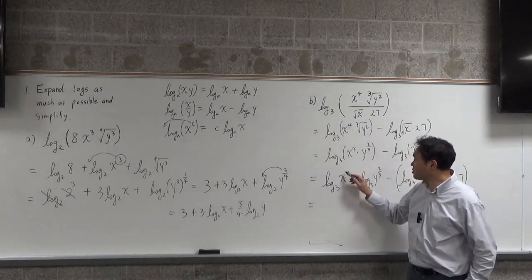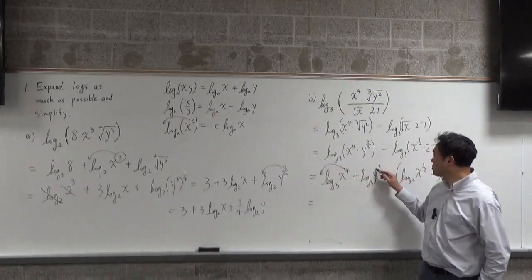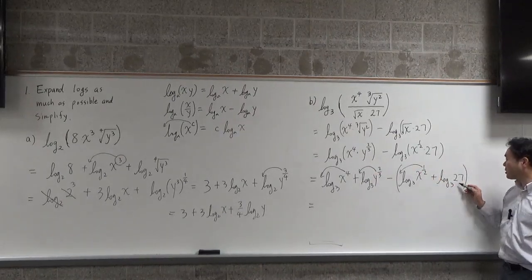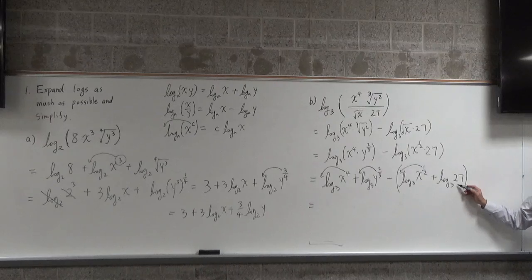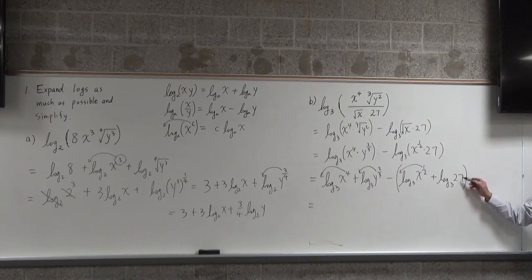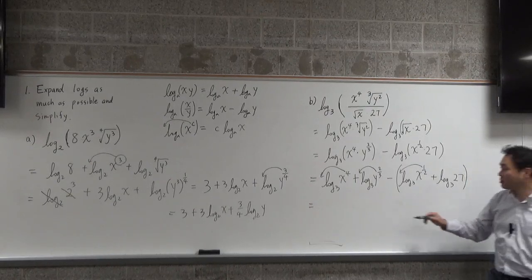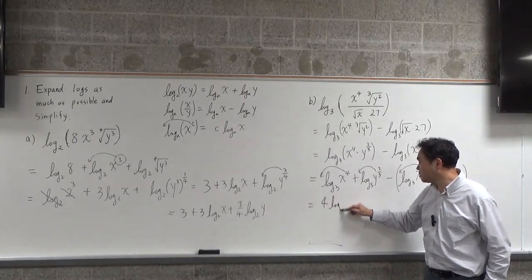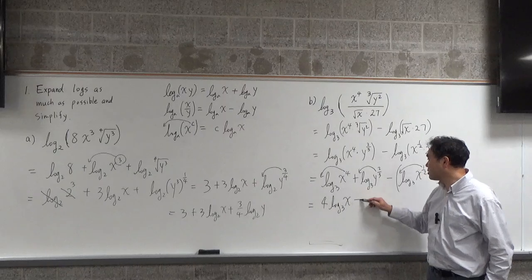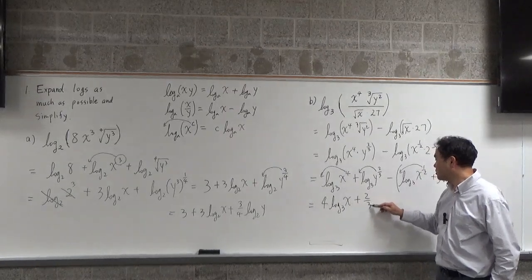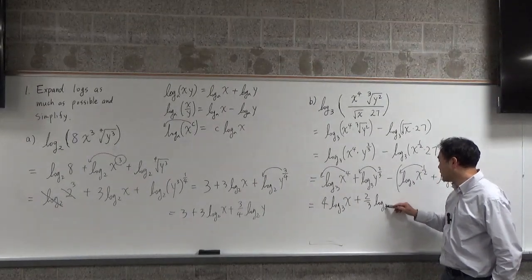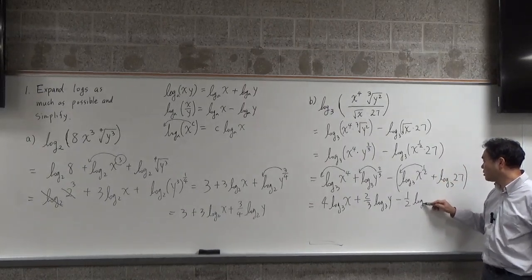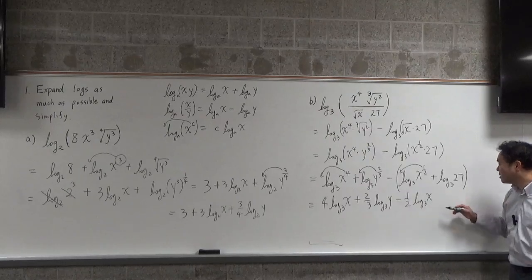All right, let's continue. 4 would jump over the log, 2/3 jumps over, 1/2 jumps over. Oh, what about this one? What should I do? 27 is 3 to the 3rd power, right? So that's what we'll do. We'll do 4 log 3 of x plus 2/3 log 3 of y minus 1/2 log 3 of x, okay?